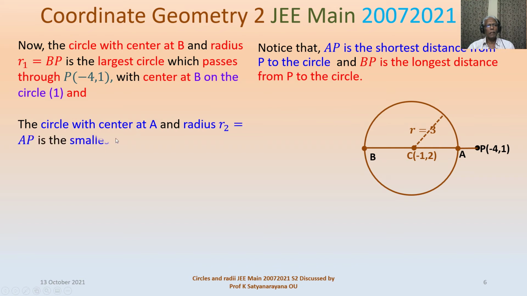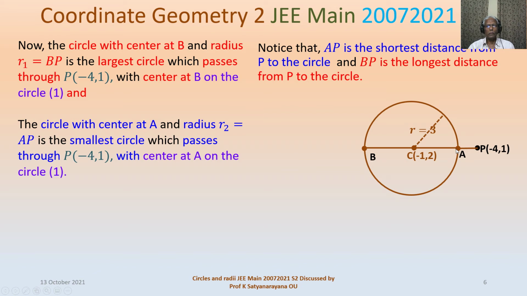Similarly, the circle with center at A and radius R2 = AP is the smallest circle which passes through P with its center A on the given circle 1. So R2 will be AP, the smallest radius.